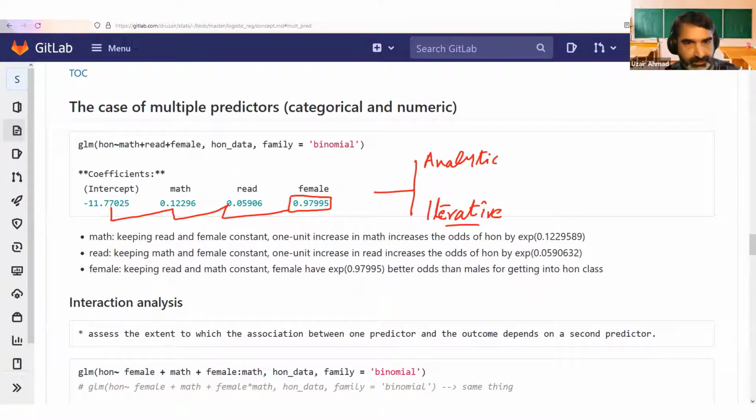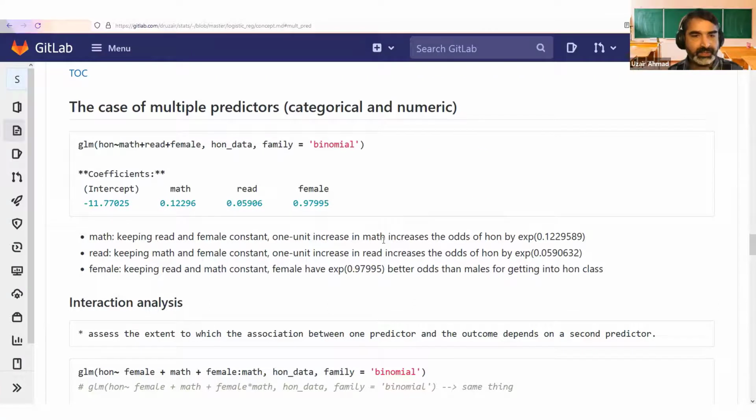Other than that, now we are going to look at some of the interesting things about logistic regression. If we now want to predict, the gender is 1, female, the read score is 59, and the math score is 88.